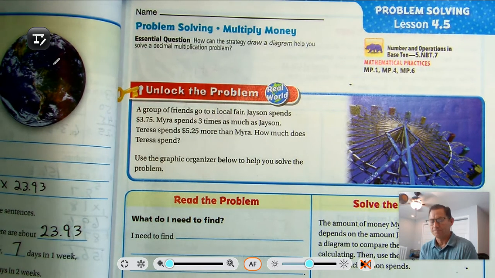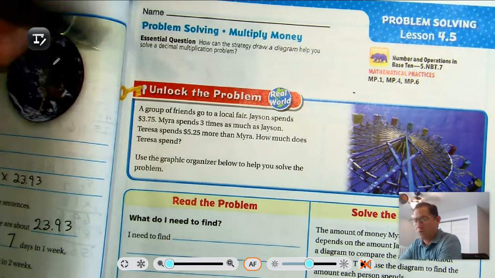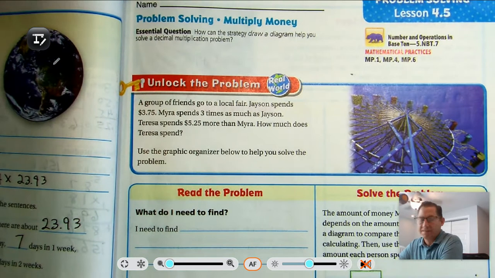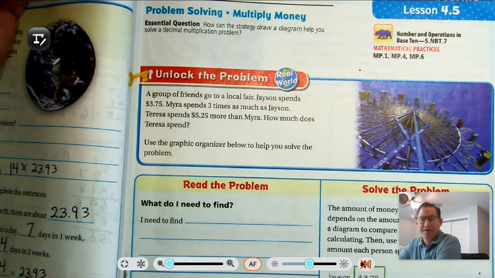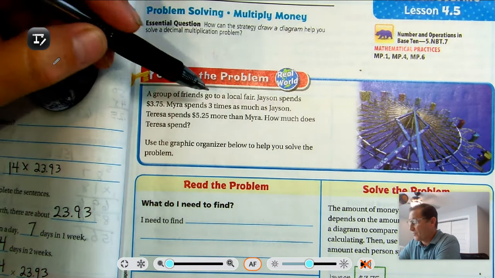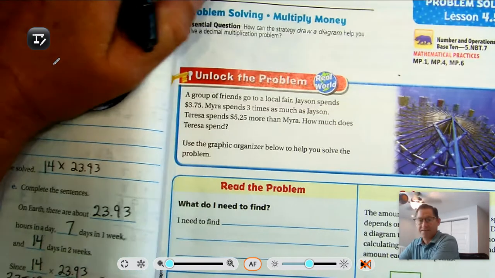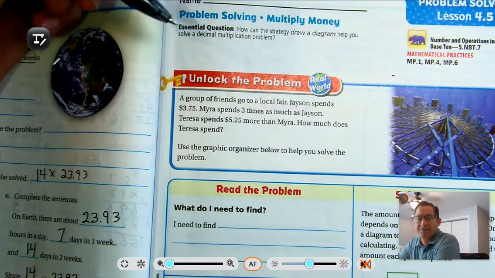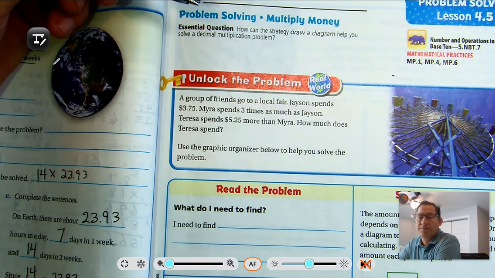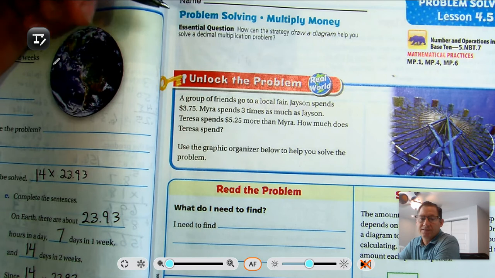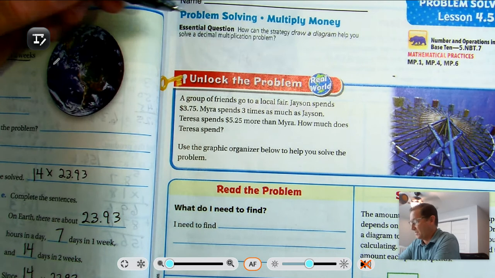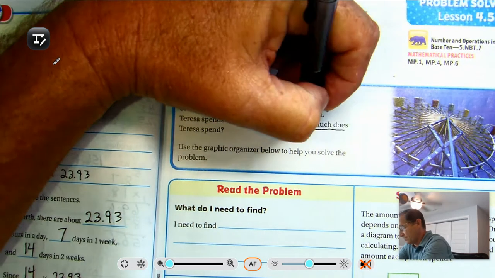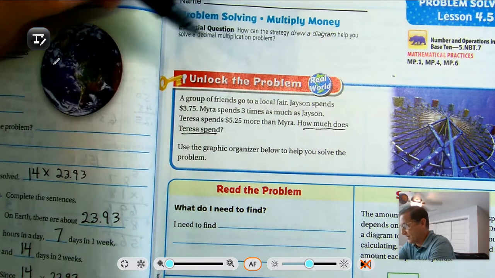So unlock the problem. A group of friends go to a local fair. Jason spends $3.75. Myra spends 3 times as much as Jason. Teresa spends $5.25 more than Myra. How much money does Teresa spend? So we need to find out how much Teresa spends.